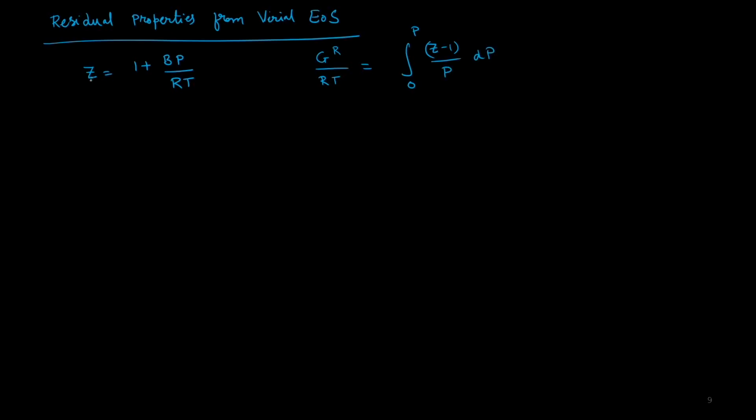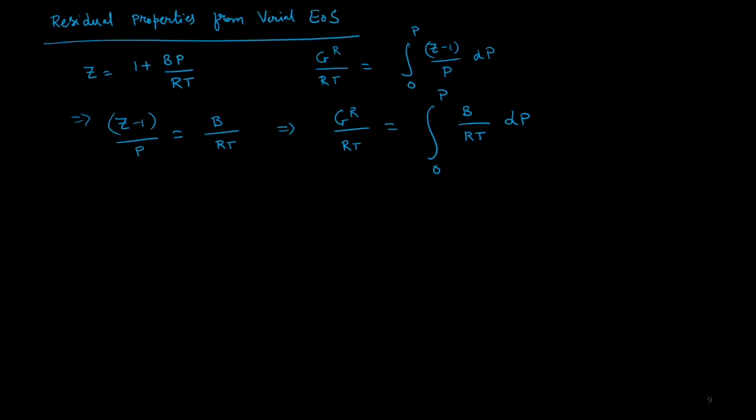And now I know that the compressibility factor from virial equation of state is given by this expression. So I can write (z minus 1) over P to be B over RT, which implies GR over RT is going to be integral of 0 to P B over RT dP.